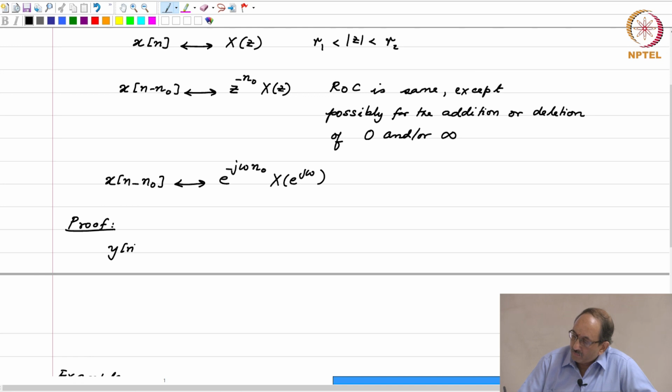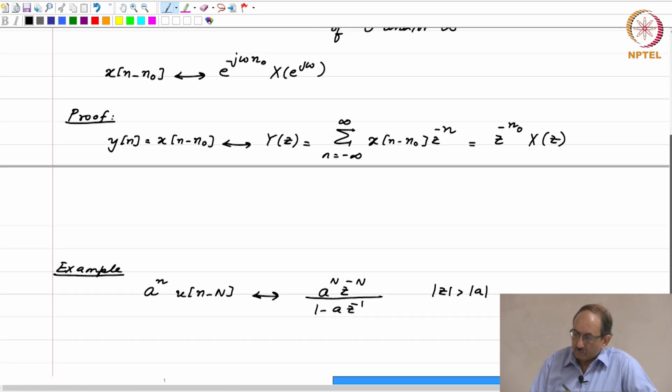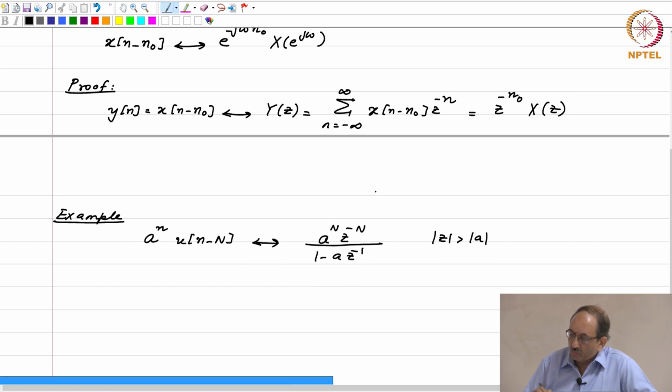So, if y of n is x of n minus n naught, the Z transform of the shifted sequence is this, and then all you need to do is put n minus n naught equals L, and immediately this simplifies to this. Just one line proof.